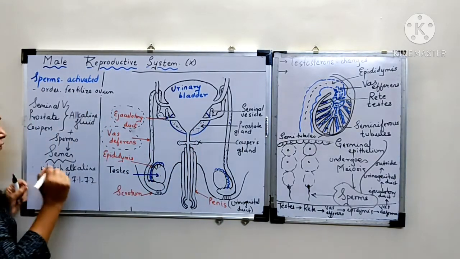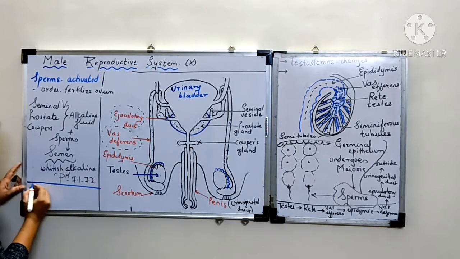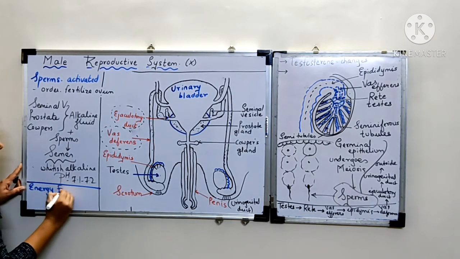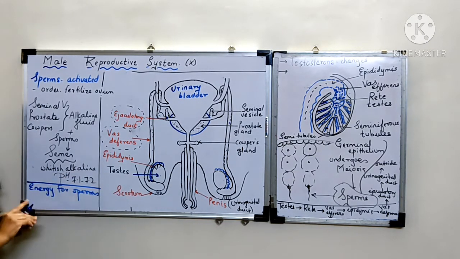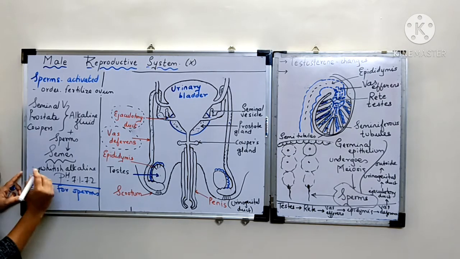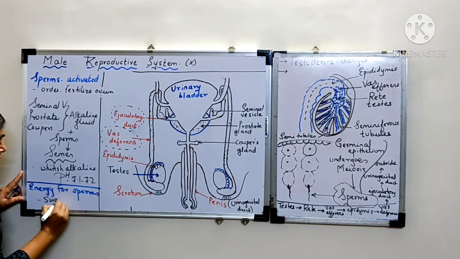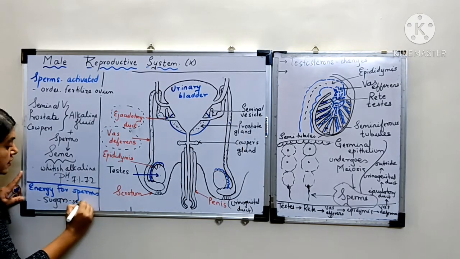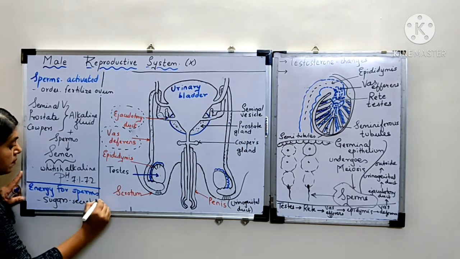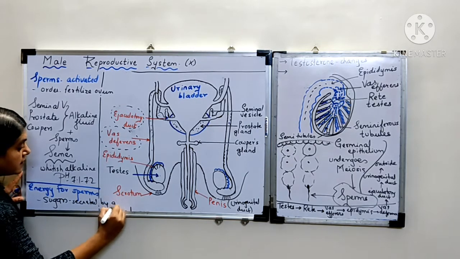So here I am writing one more point. The energy for the sperms is given or provided by the sugars which are secreted by the glands.